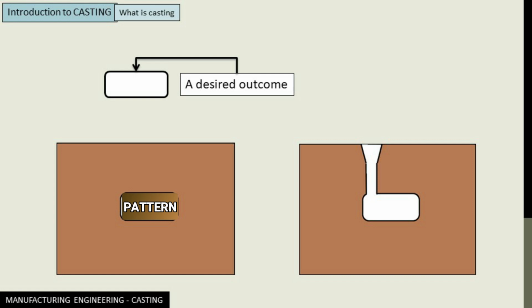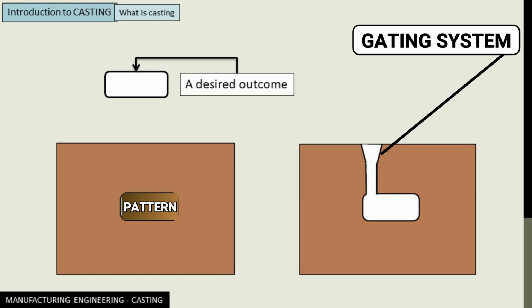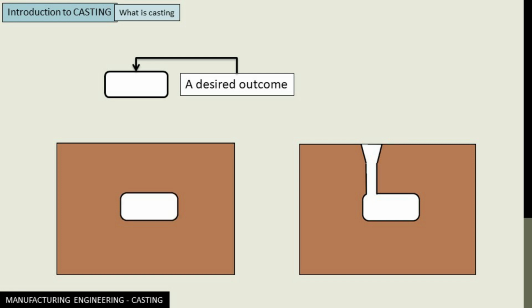For pouring the molten metal, you need to provide some passage, and that passage is what we call the gating system in casting, in which molten metal will be poured and it will fill the cavity. It will take the shape of the desired outcome, an approximate shape, because further machining is bound to happen in each and every case. And as soon as the metal solidifies inside the cavity, you get your desired outcome.